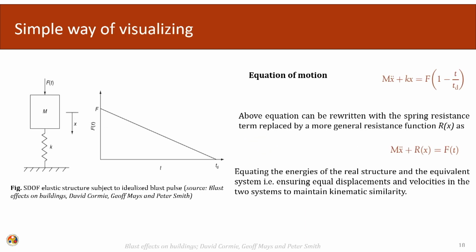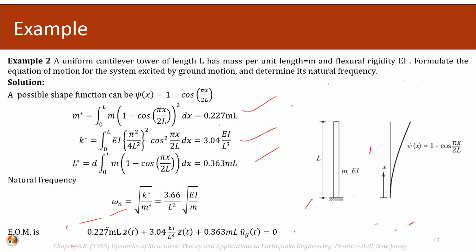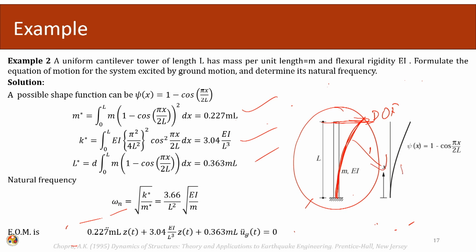So, the simple way to visualize single degree of freedom systems. This is my equation of motion. What we did earlier, we changed this system. We have a physical system, we choose a degree of freedom, that was the deflection at this particular point. We choose a shape function, a shape corresponding to the first mode.